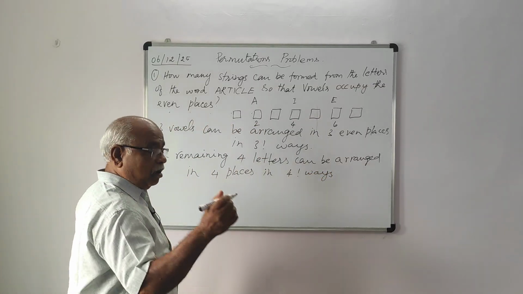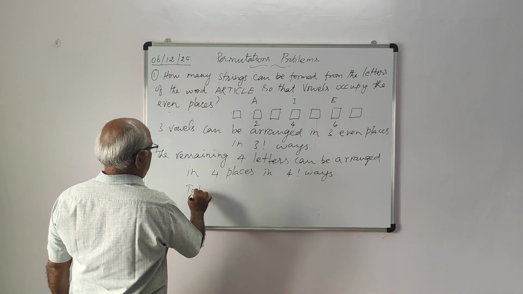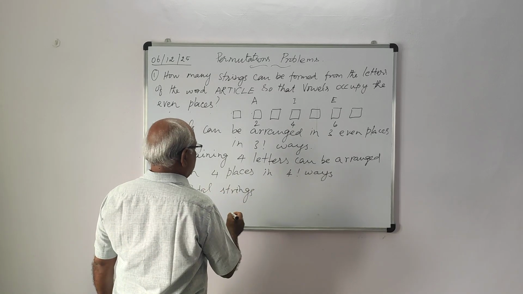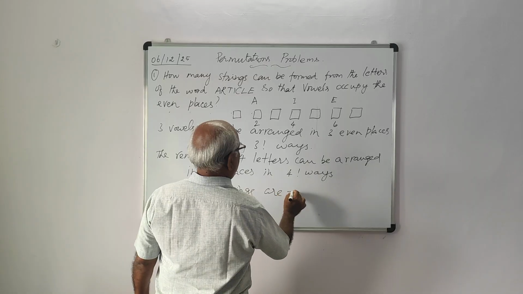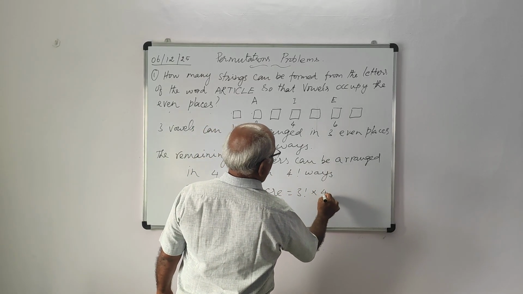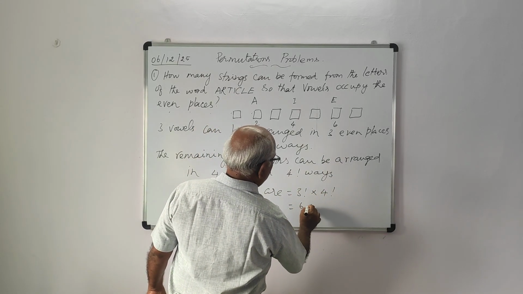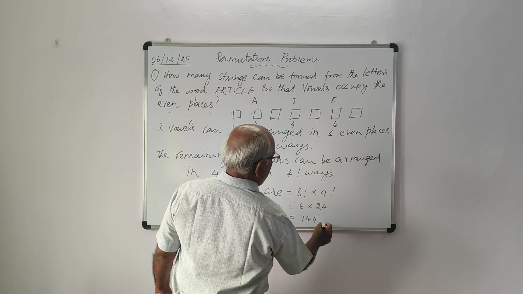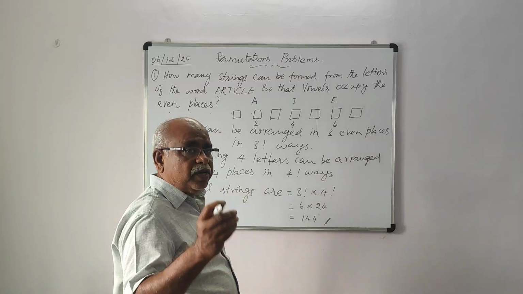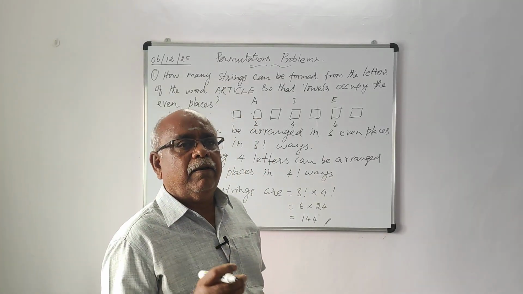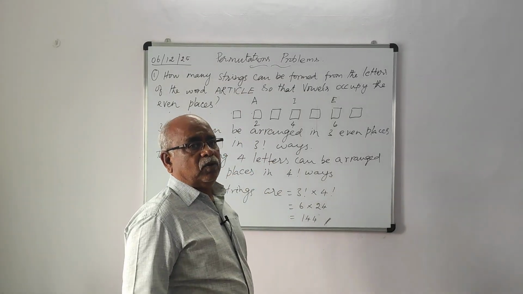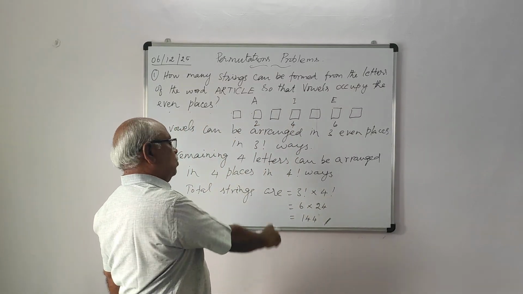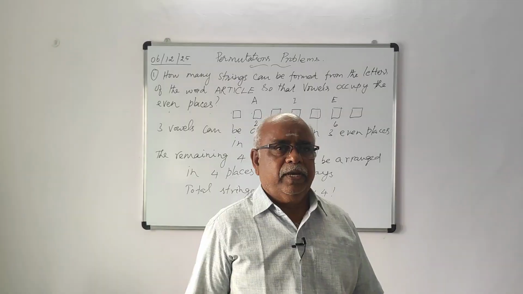Therefore, the total number of strings is 3 factorial into 4 factorial. 3 factorial is 6, 4 factorial is 24. So 6 times 24 is 144. Therefore, 144 strings can be formed from the letters of the word ARTICLE so that the vowels are placed in even places. Okay?